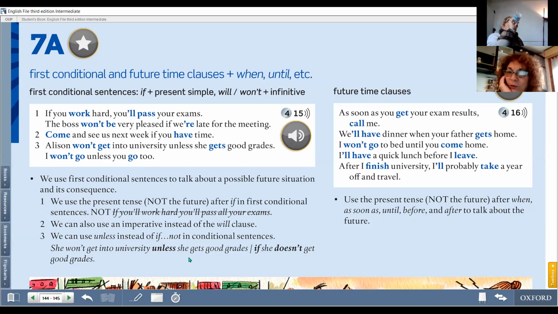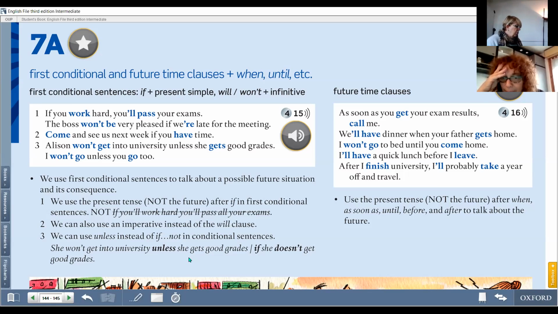I won't go to bed until you come home. I'll have a quick lunch before I leave. After I finish university, I'll probably take a year off and travel. Use of the present tense, not the future, after when, as soon as, until, before, and after to talk about the future.